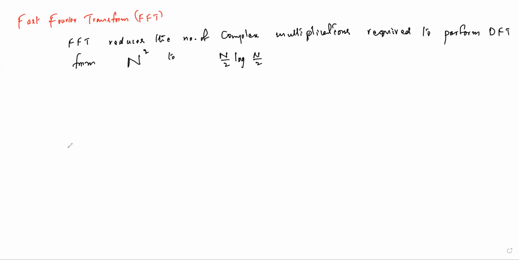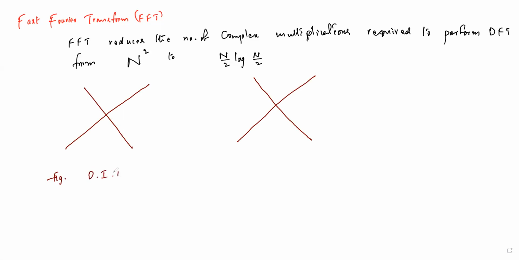Now this FFT is executed by using butterfly diagrams like this. There are two butterfly diagrams: one is decimation in time, the second one is decimation in frequency.